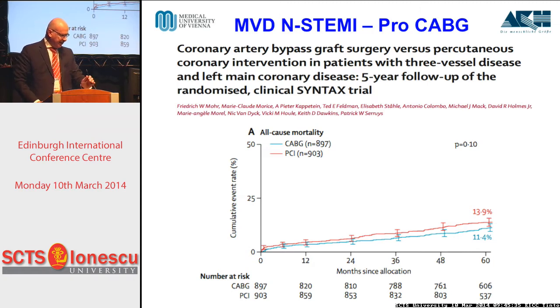Also, it's not statistically significant. You see that the trend in favor of bypass surgery is there with a lower all-cause mortality, but not statistically significant at this particular point. If you look at freedom from death of any cause, freedom from stroke, and freedom from myocardial infarction, it is significant after 5 years.